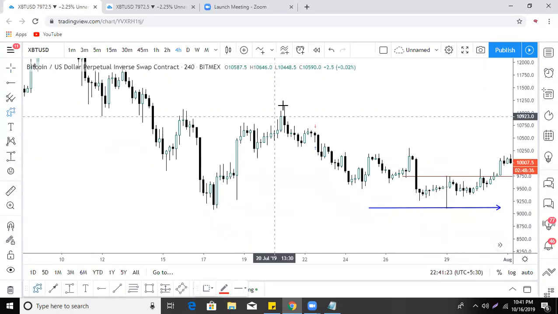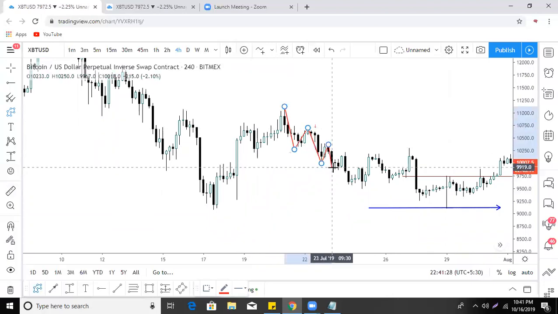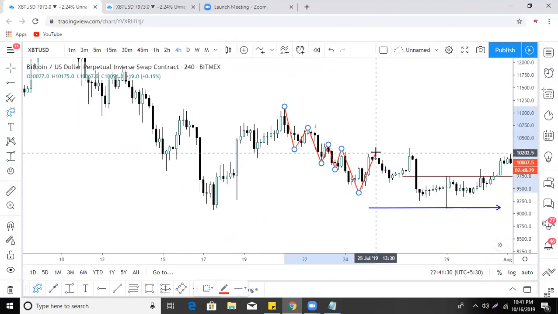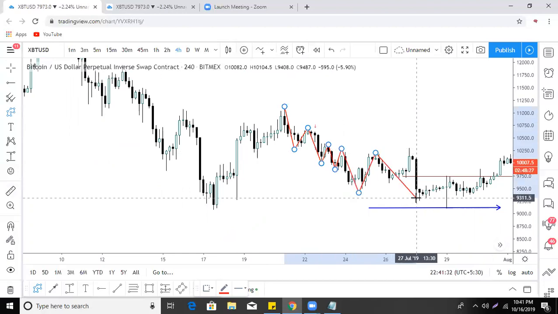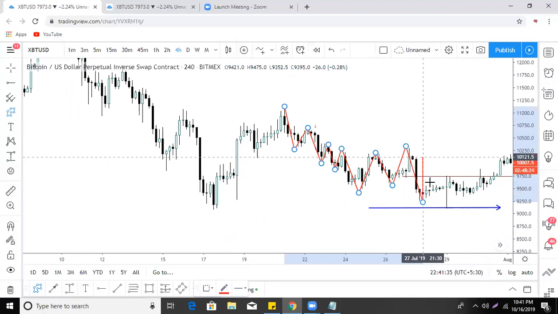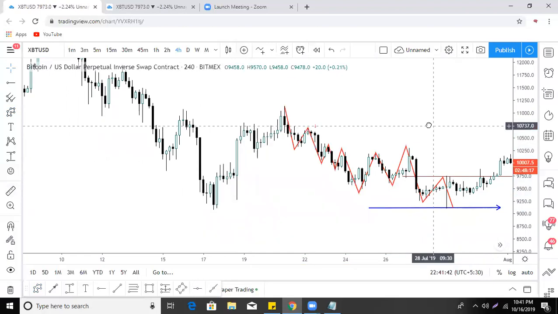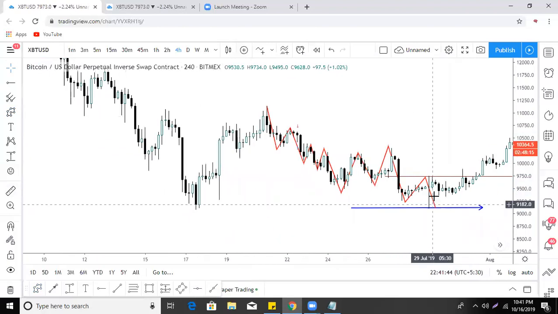If we see, the price was dropping like this. It was making continuous lower highs, right? After this was the situation here. After this, what happened?